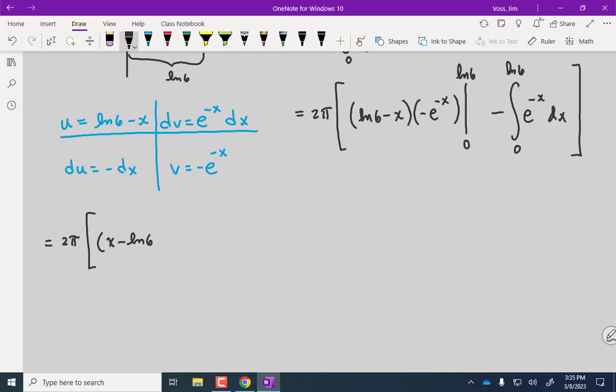Let's just get rid of that minus sign. We could even put the e to the negative x in the denominator. Usually it's a little easier to evaluate things with positive exponents. So let's do that too. Let's put this in the denominator, so that's going to be an e to the x.